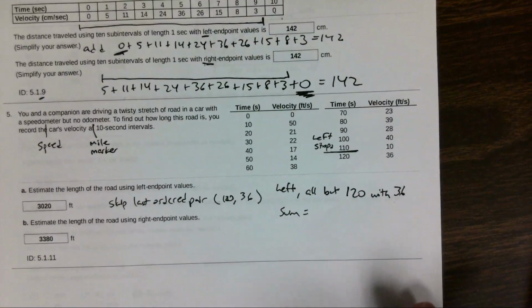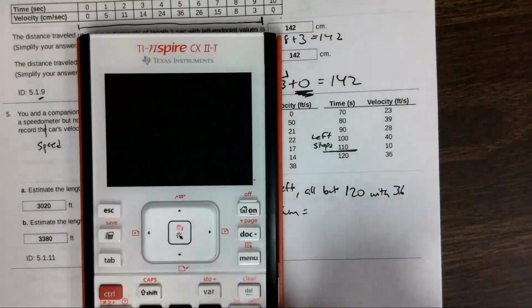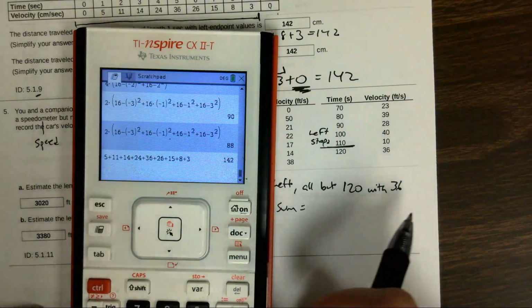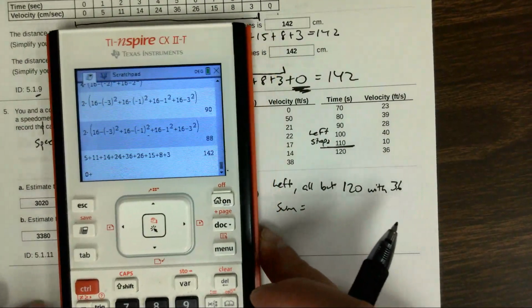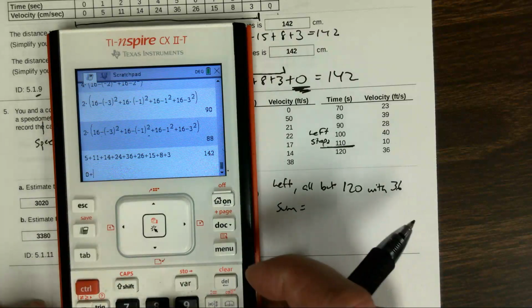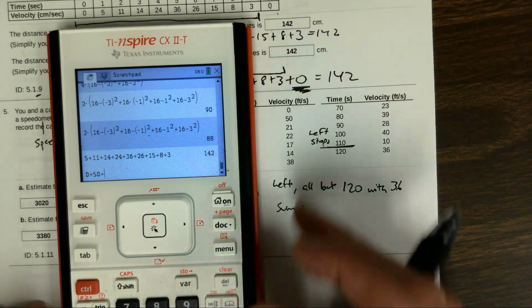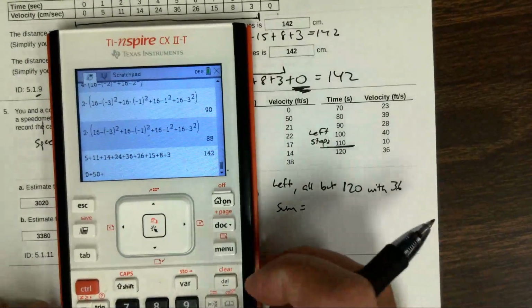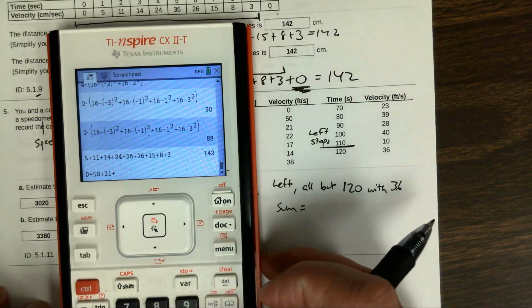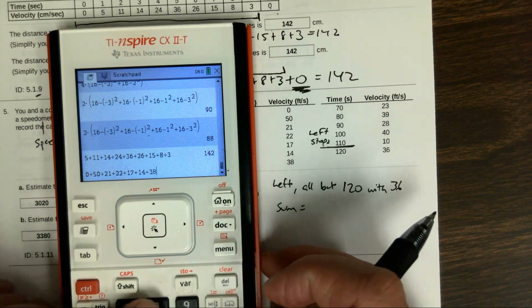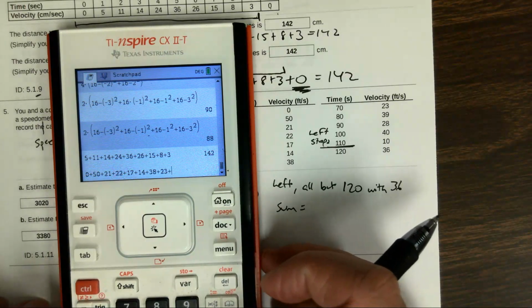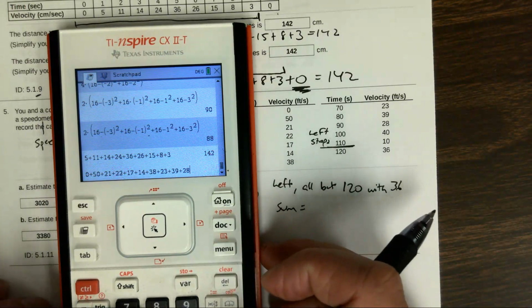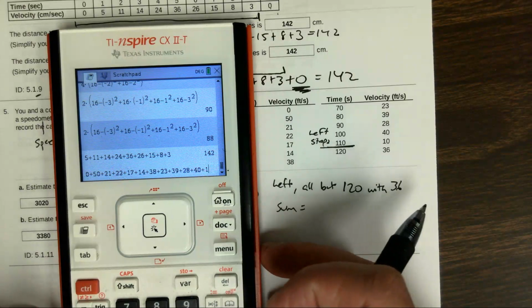So that's going to be 0 plus 50. By the way, you don't really have to put 0 plus. 50, 21, 22, 17, 14, 38, 23, 39, 28, 40, and 10.